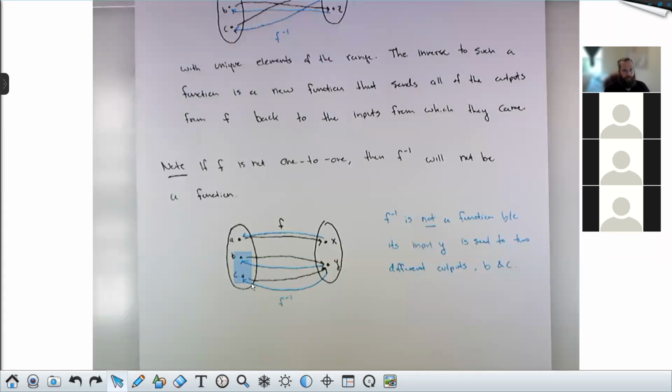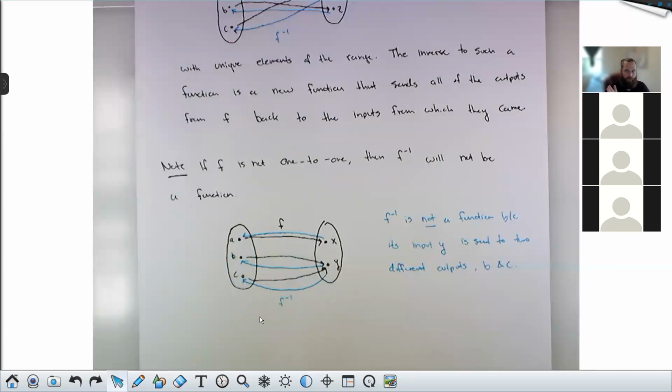This behavior here, where you've got two inputs for the original function going to one output for the original function, is called a 2-to-1 mapping. You see where the name comes from? There's two guys that get sent to this one guy over here. So that's the black not being 1-to-1. And that failure of being 1-to-1 of the original function is exactly what produces the failure for the blue mapping to be a function itself.